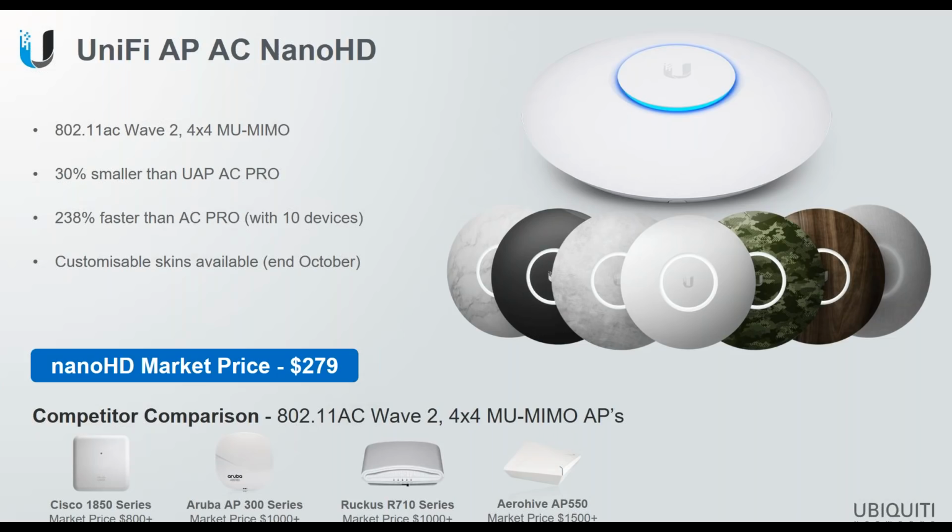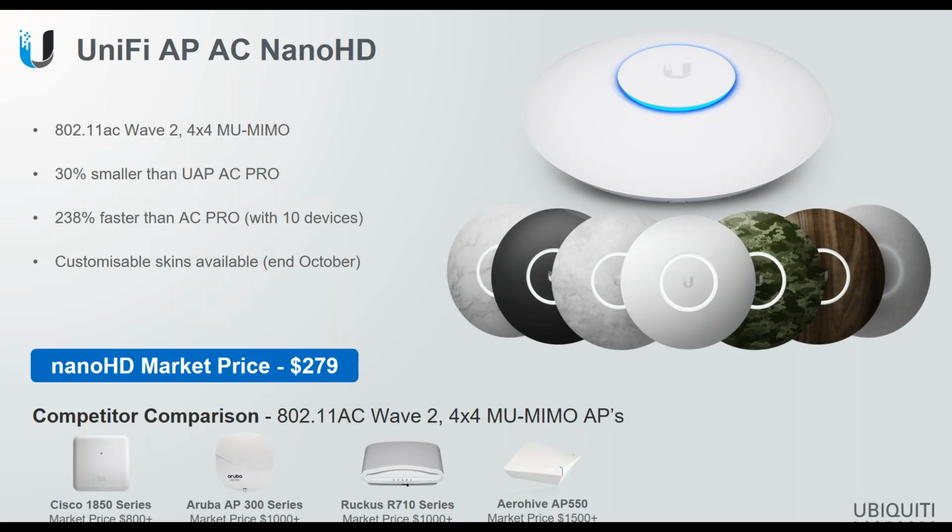You're looking at $800 and up just for the hardware, before licensing and other costs. Even if we were to compare this to the standard HD model, the non-nano one, that's recommended retail at $499. So there's still a massive saving there.